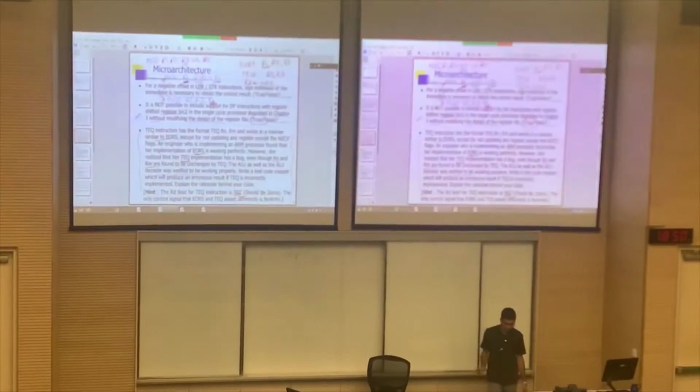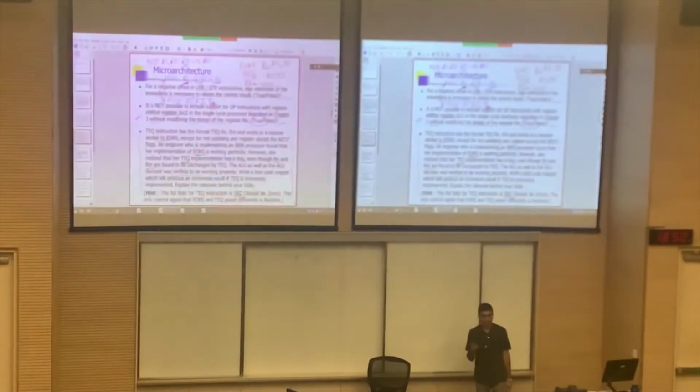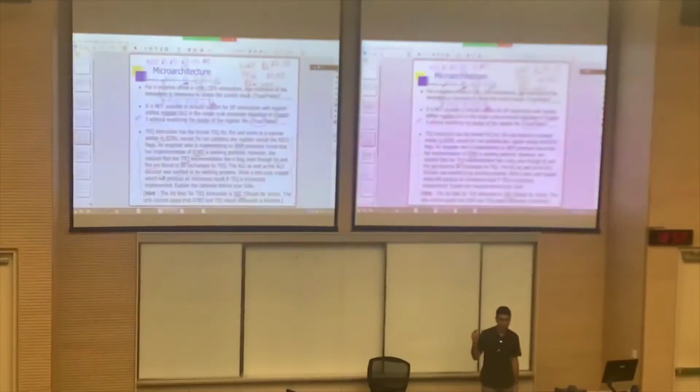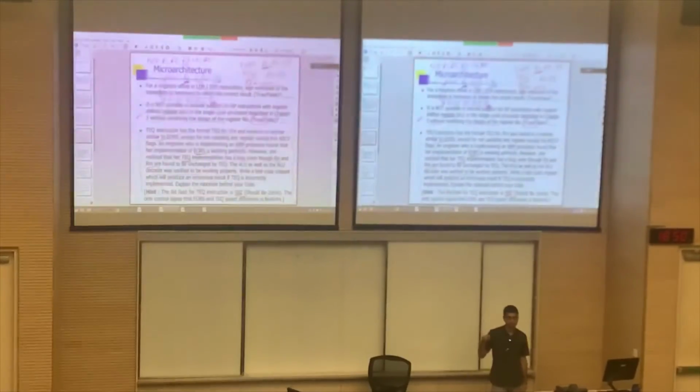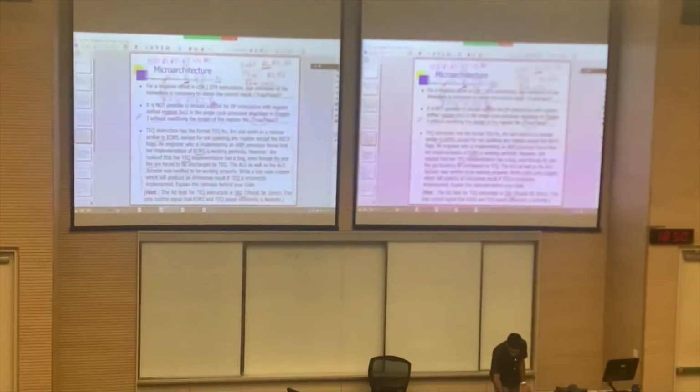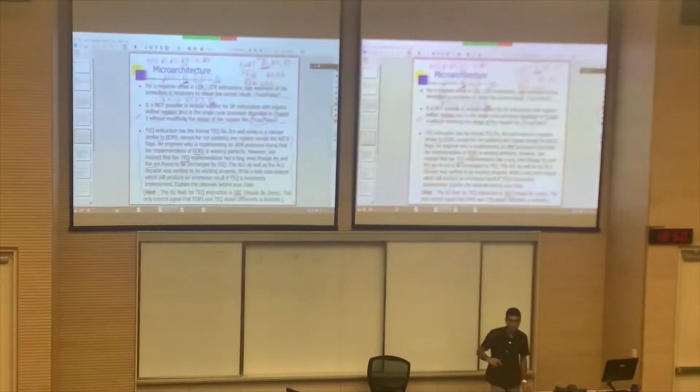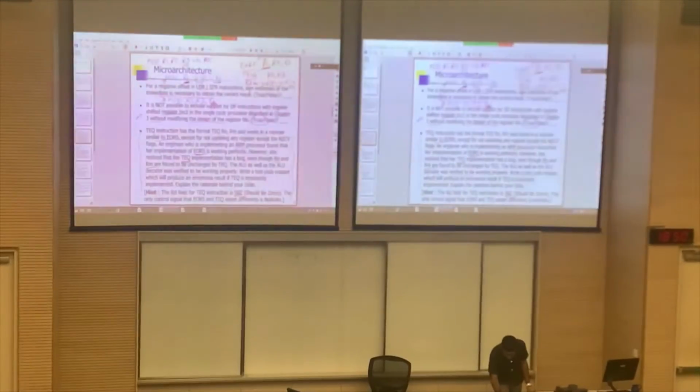Okay, so the encoding for EORS and TEQ is quite similar, except for two things. One thing is that for EORS, the RD field, which is bits 15 down to 12, is 1, 0, 0, 0, 1. Whereas for TEQ, bits 15 down to 12 will be 0, 0, 0, 0.